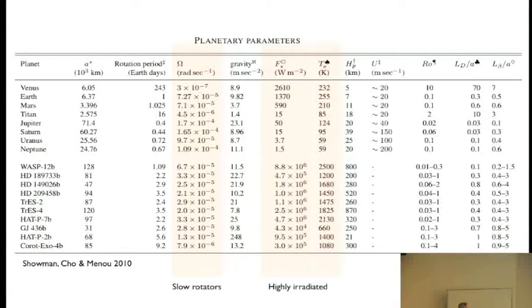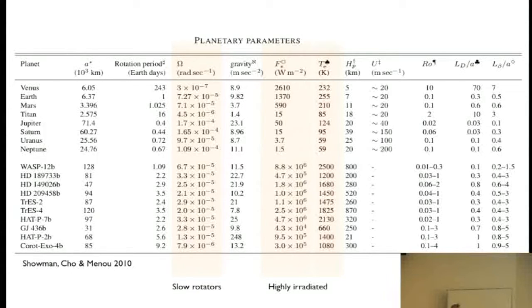There may be a hot Neptune in there, but they're mostly hot Jupiters. And so the way you want to compare things here is to really compare these extrasolar planets and hot Jupiters to the giant planets in the solar system, and maybe most directly to Jupiter and Saturn here.